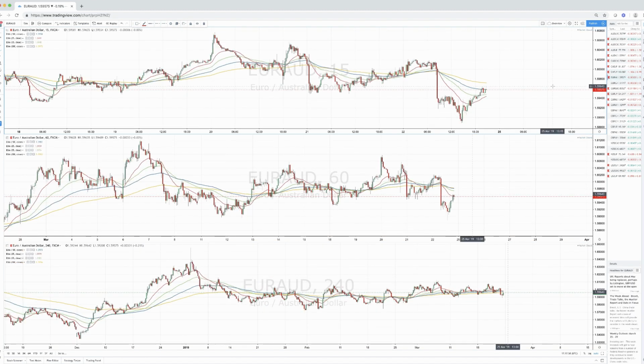Now we're coming to some of the euro pairs. The euro pairs are nowhere near as obvious as the Aussie pairs and the things we've been looking at just now.